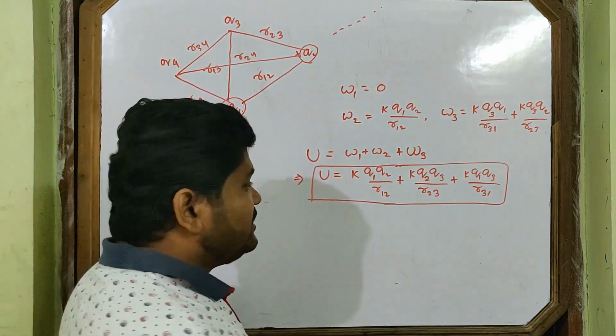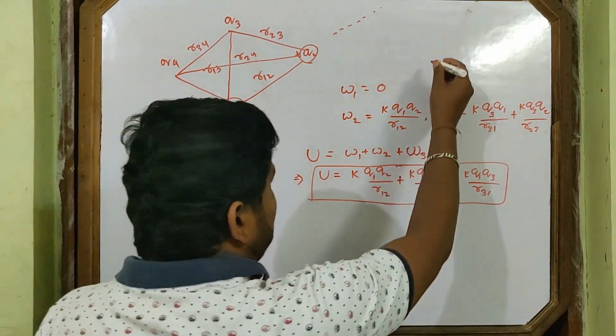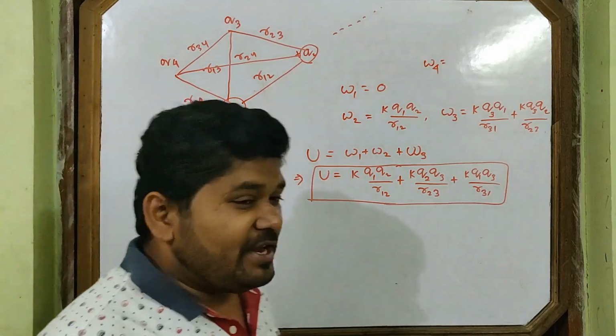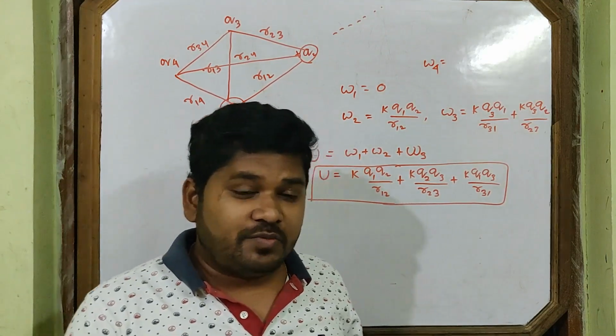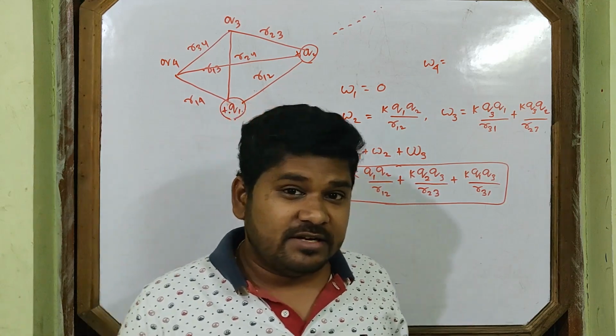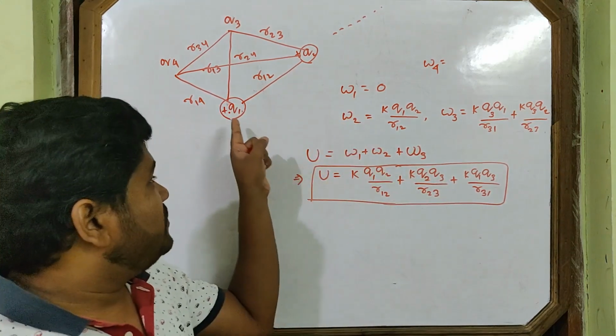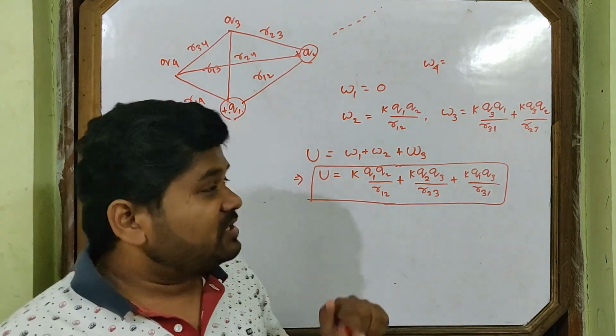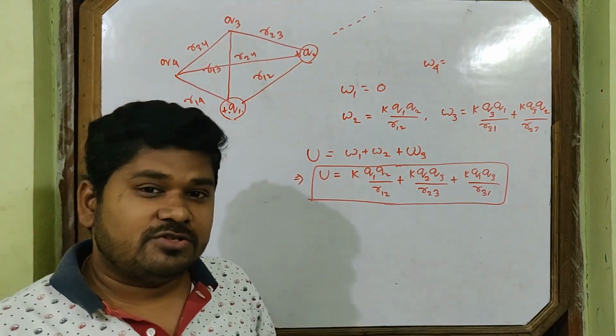But when I bring Q4, then what happens? W4. It means how many works do we have to do when Q4 is coming? Which charges are there earlier when Q4 is coming? Q1 is there, we have to do work. Q2 is there, we have to do work. Q3 is there, we have to also do work.